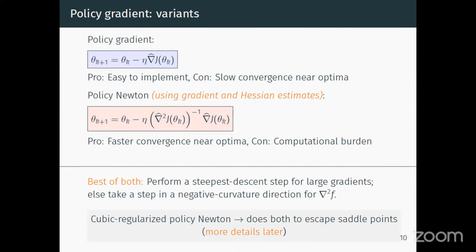We'll get to what a saddle point is when I do the non-convex optimization module. So the point is I want to do something like this in a policy gradient framework. I want to estimate the Hessian and do cubic regularized policy Newton and also show that it converges to a local minimum. That's really the ambition of this project that I embarked on more than a year ago.